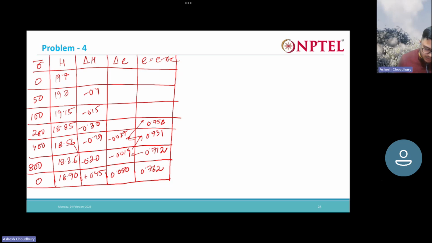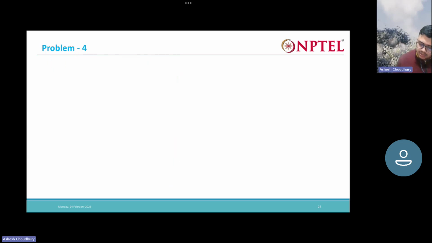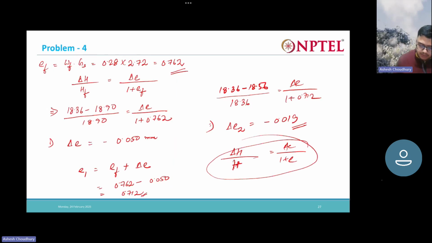Then minus 0.028, which gives 0.786. Then minus 0.014, which gives 0.800. Then minus 0.035, which gives 0.83. From bottom to top again. Understood, right? You are using this relation everywhere: delta H by H is equal to delta e by 1 plus e.